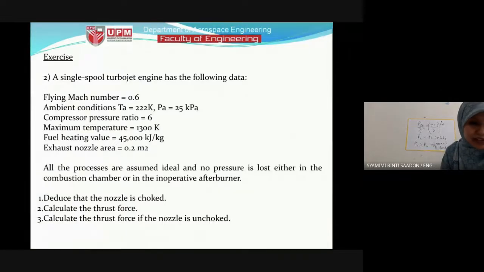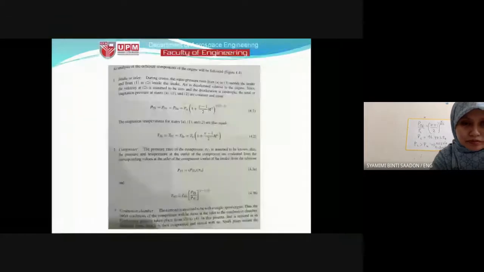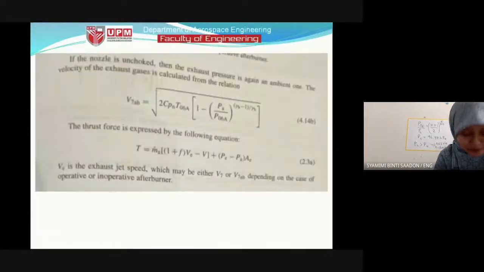Next is to calculate the thrust force. By looking at the thrust equation, we have most of the values. We have f, 1 plus f, but not yet the mass flow rate. For the thrust F we need VE, V7, not yet.